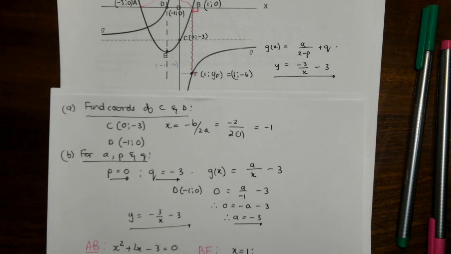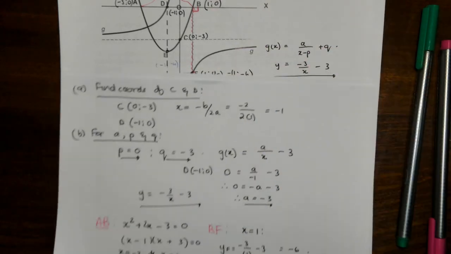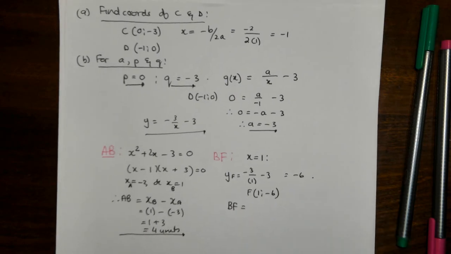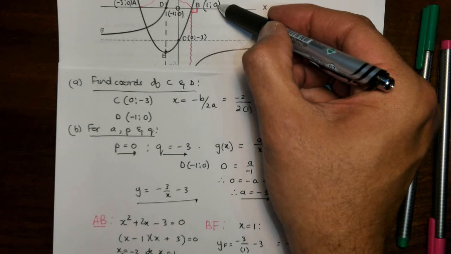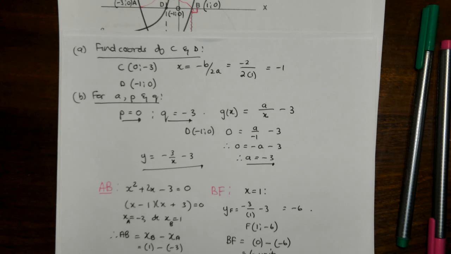And to find that vertical length, I simply just need the difference between those y values. So BF, the y value for point B is 0, so 0 minus minus 6 is positive 6, and therefore it is indeed 6 units long.